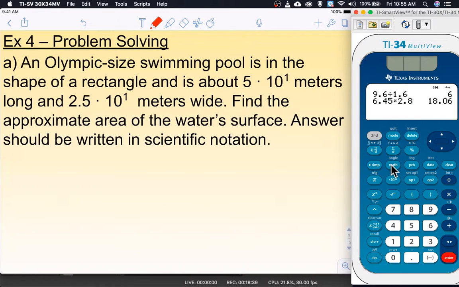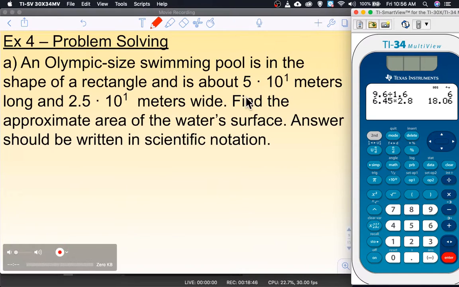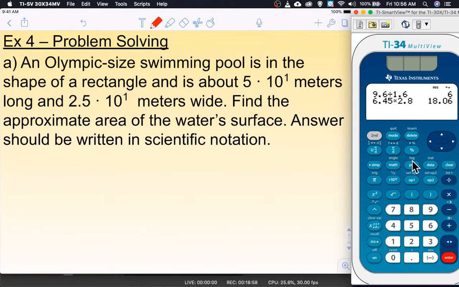So letter A here says, an Olympic-size swimming pool is in the shape of a rectangle and is about 5 times 10 to the 1st meters long and 2.5 times 10 to the 1st meters wide. Find the approximate area of the water's surface. Answer should be written in scientific notation.